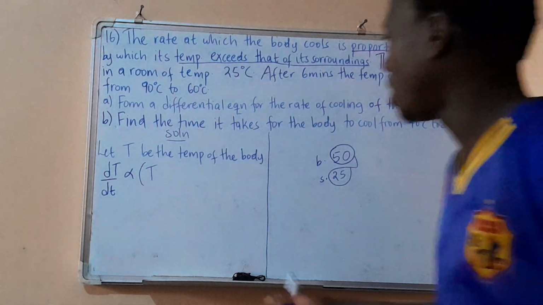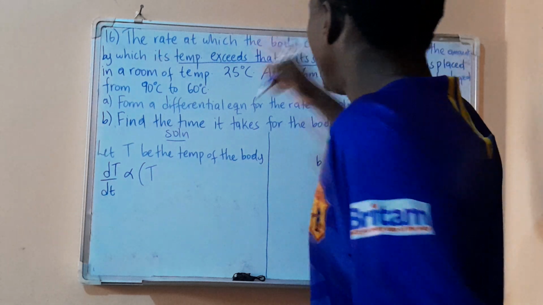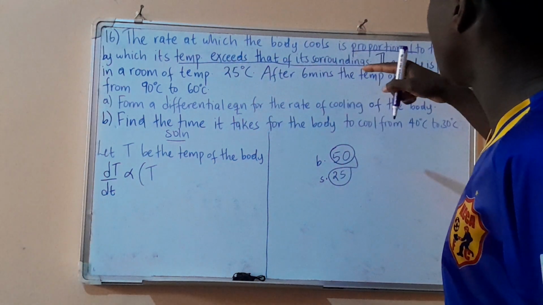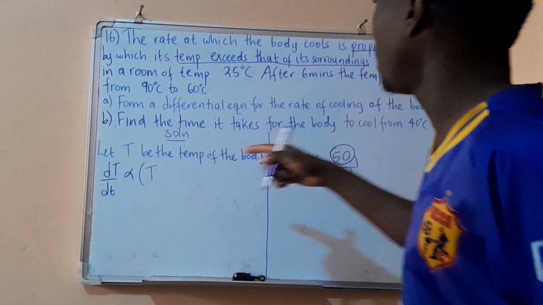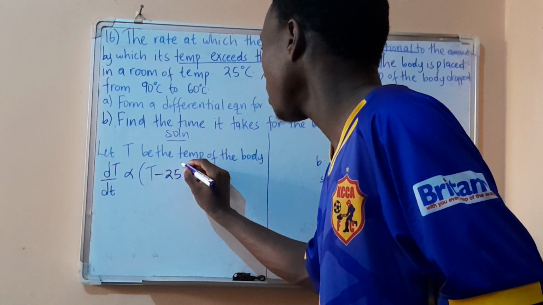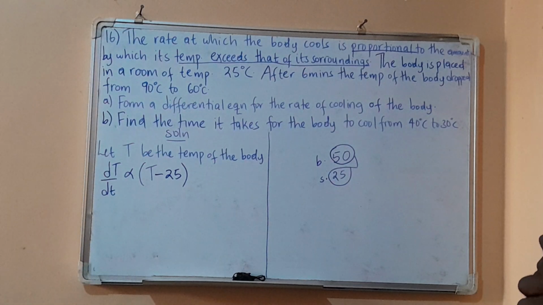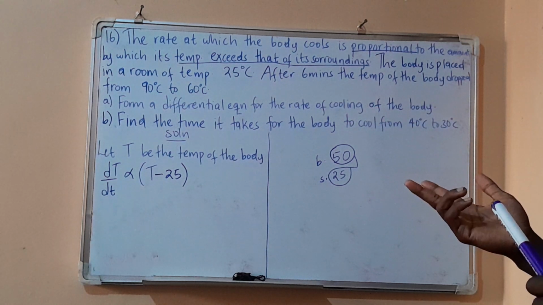So here we shall have the temperature of the body exceeds the temperature of the surroundings by T minus 25. Observe that this is not T plus 25. The body temperature exceeds the surrounding temperature by that difference. That is the required amount.